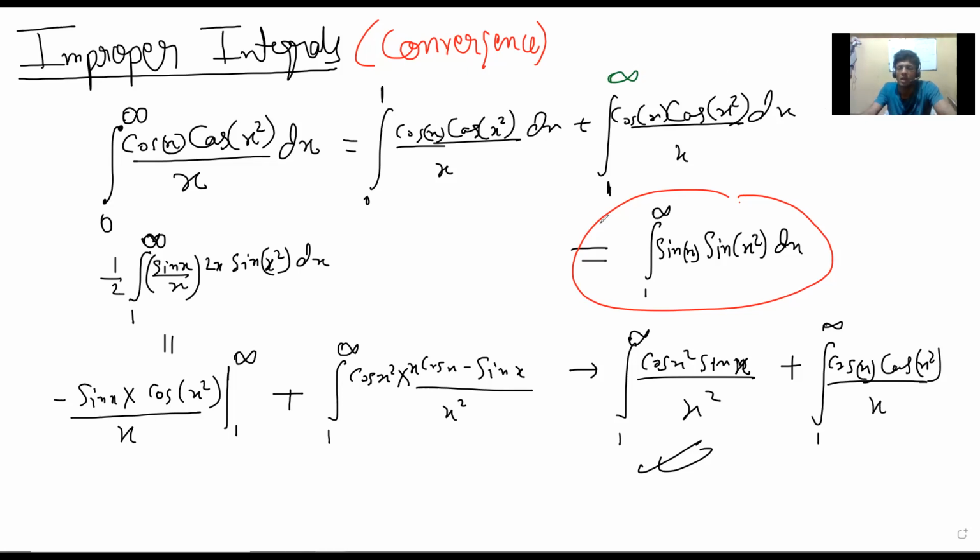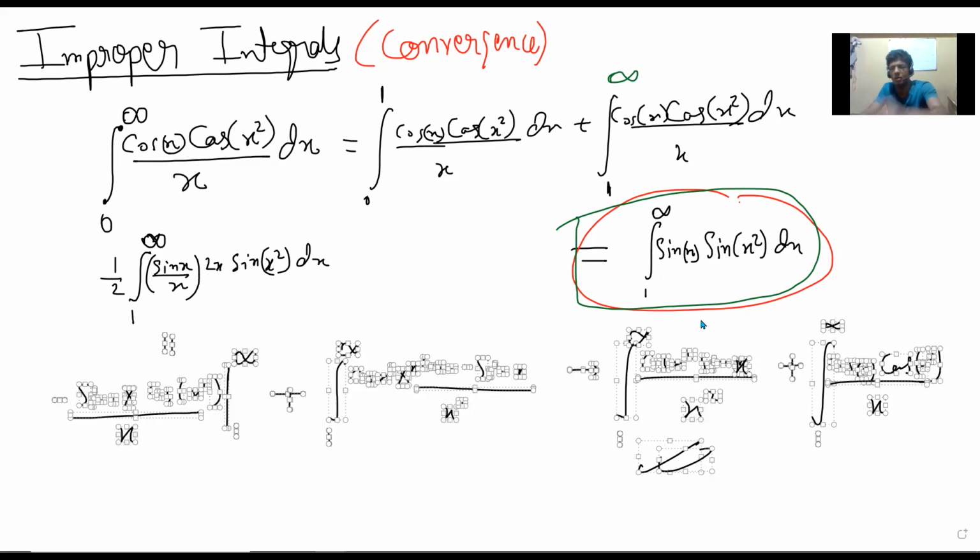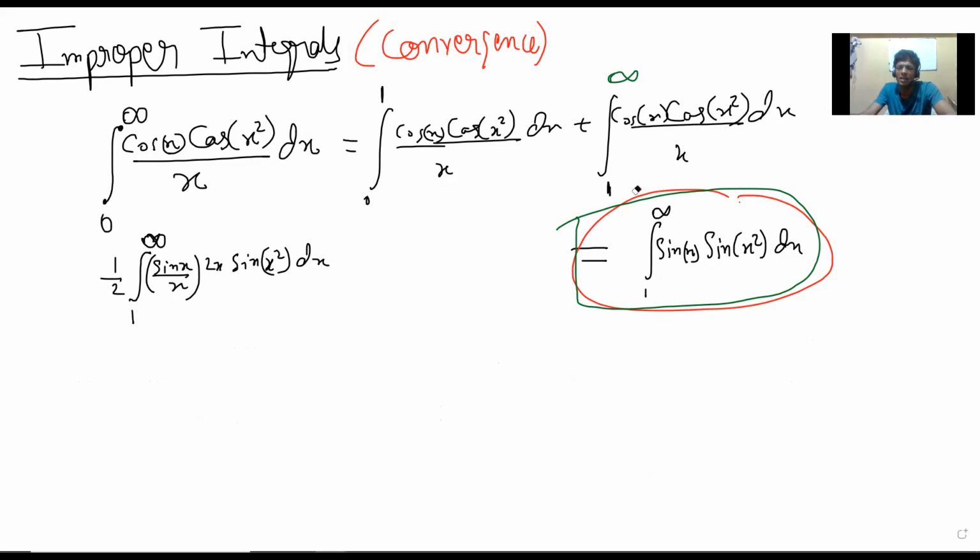So it's coming down to this: 1 to infinity sine x square. So this is what I know. I know this, that sine x square only, if you take that integral, it converges. But when there is a sine x multiplied to it, then it can... but sine x is less than 1. No, but that doesn't mean that it will still exist.